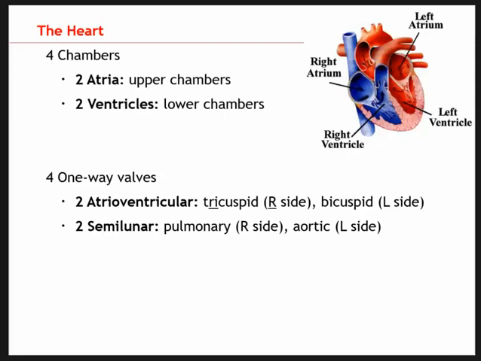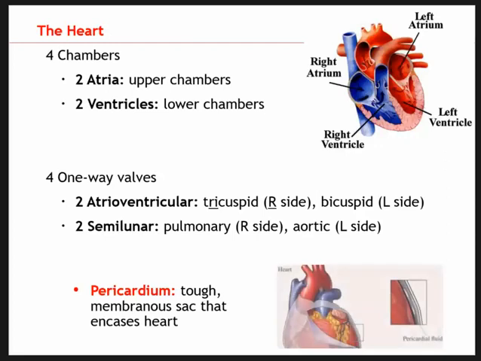The atrioventricular valves are between the upper and lower chambers, and on a picture in the next few slides, we'll point those out and show you where those are. And then the 2 semilunar valves lead to arteries going to the lungs or lead to the aorta, which will deliver blood to the body.